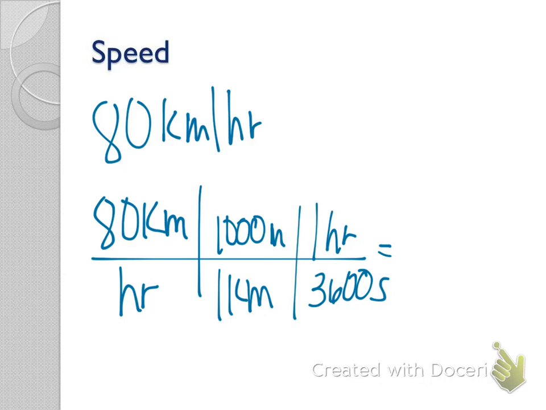Every single time that you do a conversion between kilometers per hour and meters per second, this part of your T-chart looks exactly the same. So what I want you to do is do just this part of the T-chart. Take 1,000 divided by 3,600 and see what you get.